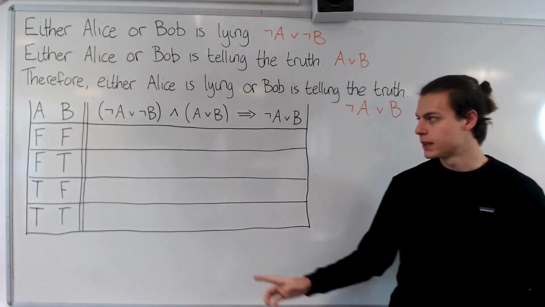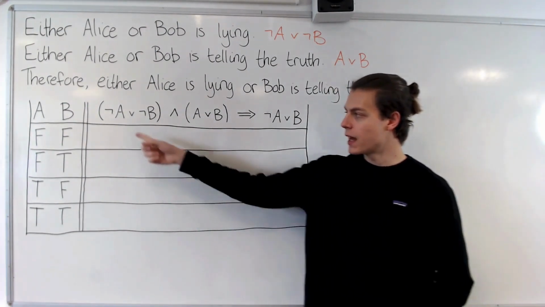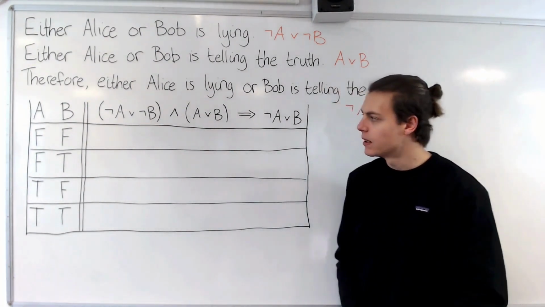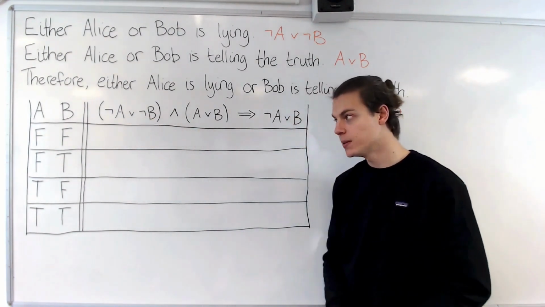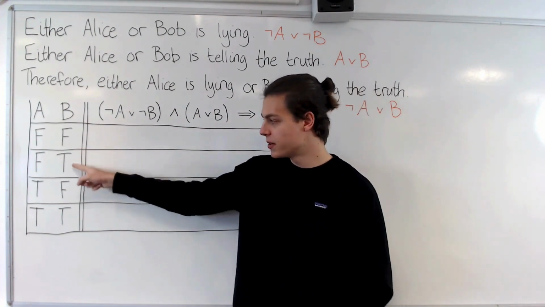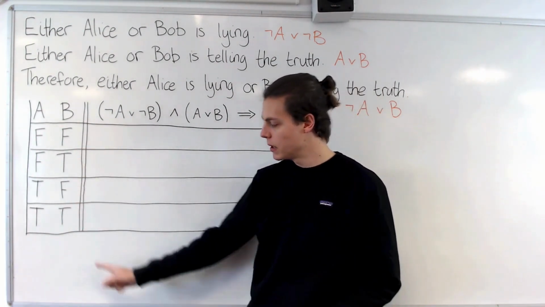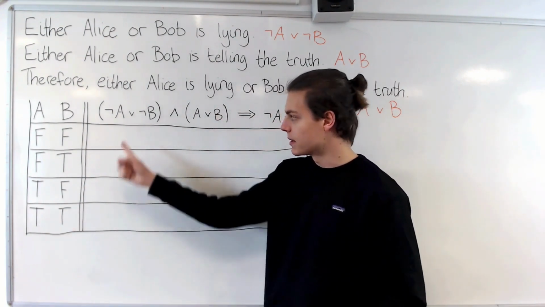Let's first look at this or column. So not A or not B. This is true if either A or B is false, and false otherwise. So you see that the first three rows are true, and in the last row, both A and B are true, so this is false.